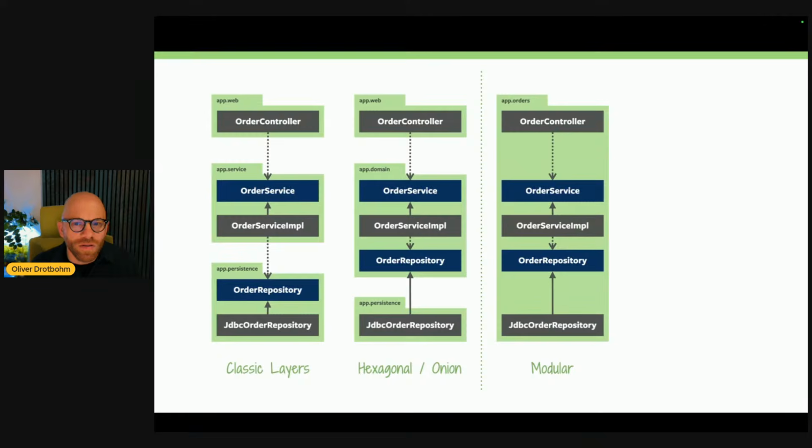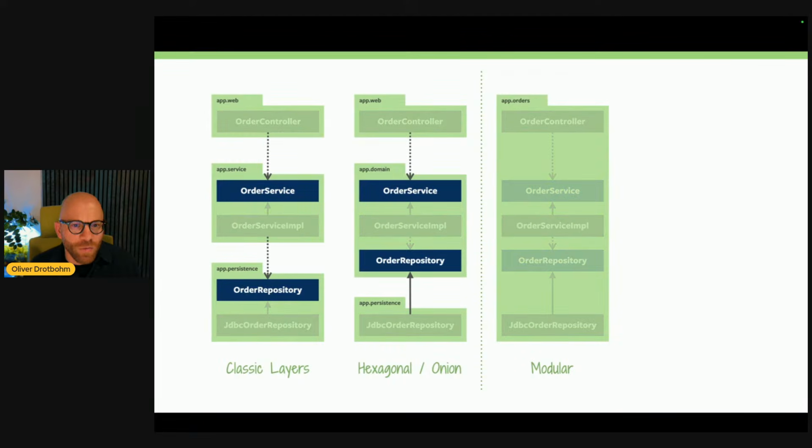The important bit is that in these other two approaches, we actually need to make way more elements of our code base public than we should have to, right? So order service and order repository have to be public if they are put into separate packages, for the code in the other packages to be accessible, right?